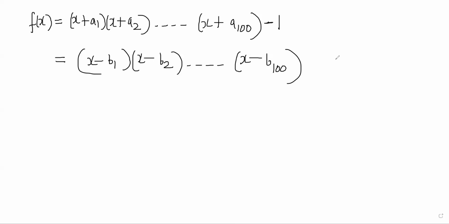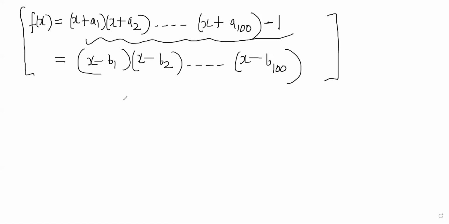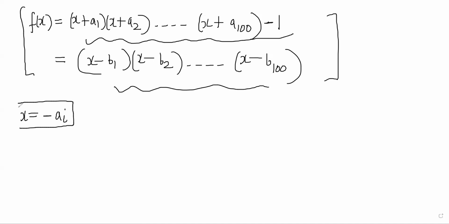Because b1, b2, b100 are roots of this polynomial, right? Now the question is pretty easy because we have rewritten it like this. We can substitute x is equal to minus ai. And i can go from anywhere 1 to 100, anything. x can be any minus ai.